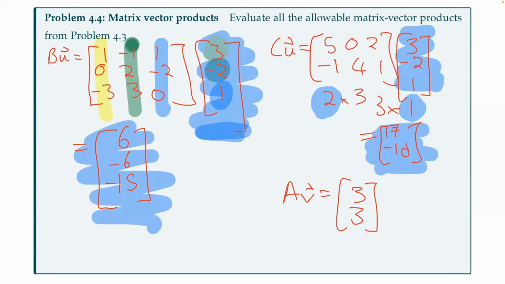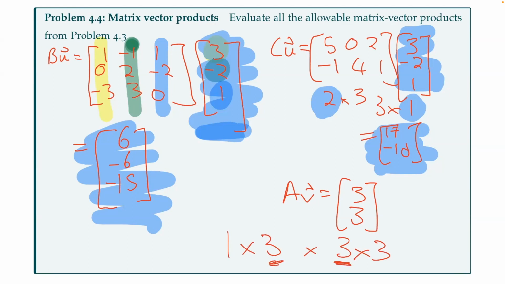Okay, so if it's a vector times a matrix, you're going to have a row vector rather than a column vector, because again, we need to work our way along the rows and down the columns. I'll leave that as an exercise for you to think about what it would mean if we tried to do a vector times a matrix. As long as, say, you had a 1 by 3 times a matrix that was a 3 by 3, these inner parts match, so it's defined.